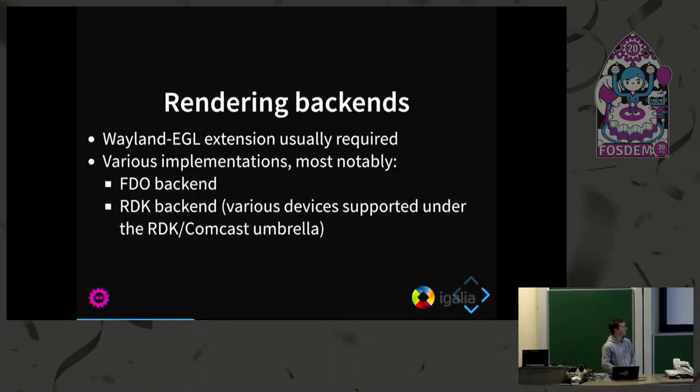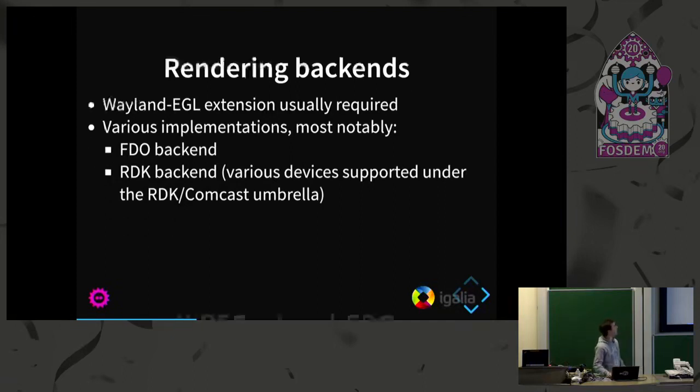There are quite a few backends nowadays, but I will just focus on two. The first one is the FDO backend, which I will talk about in a minute. The other one is the RDK backend, which is developed by companies such as Comcast, and they have deployed it in a wide range of set-top boxes around the world.